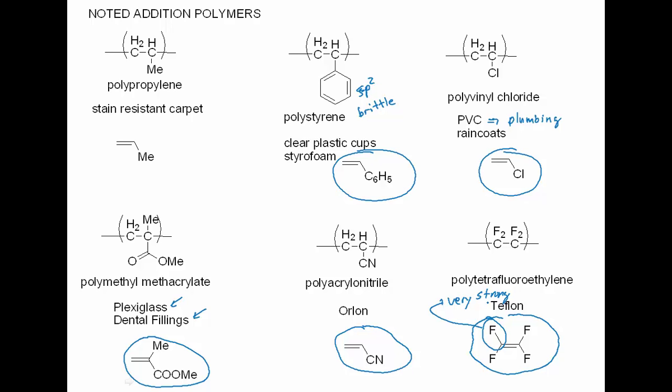Supposedly a polyethylene trash bag can last in a landfill for 10,000 years or something like that. It's so strong, or it's so inert to any chemical process, but people are trying to build in structural features that'll allow these trash bags to degrade over time. So polyethylene is just too good.